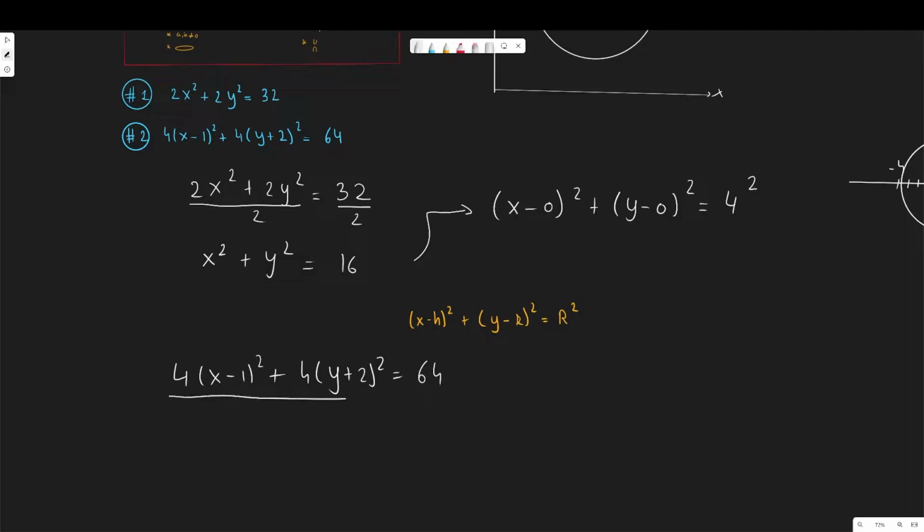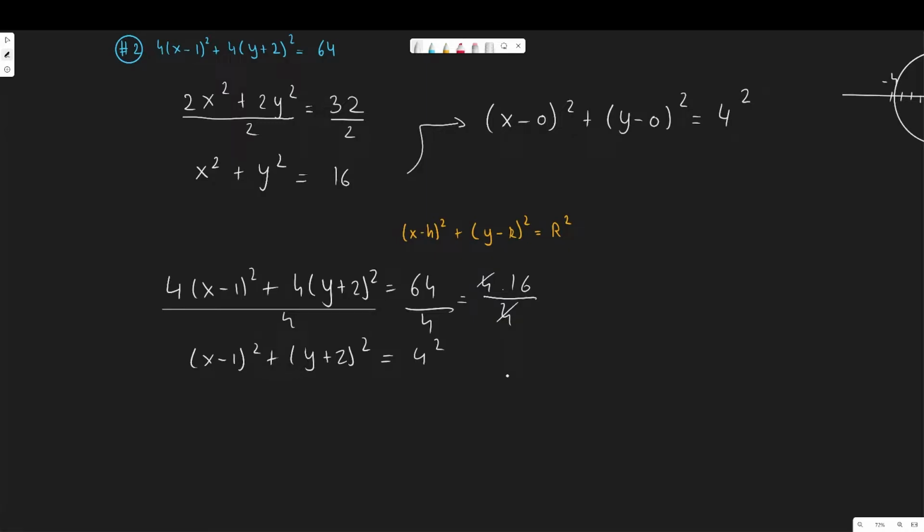Divide both sides by 4, and then we'll get (x - 1)² + (y + 2)² = 16, because 64 is the same as 4 times 16 over 4, and the 4 will cancel, so we're left with 16. And 16 is the same as 4², so now we have written the equation in standard form.